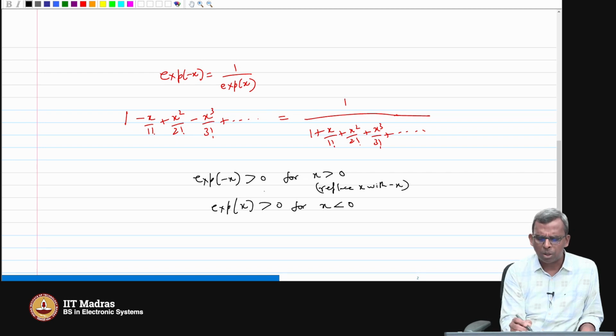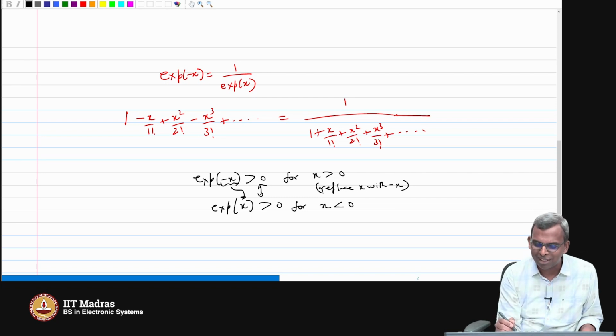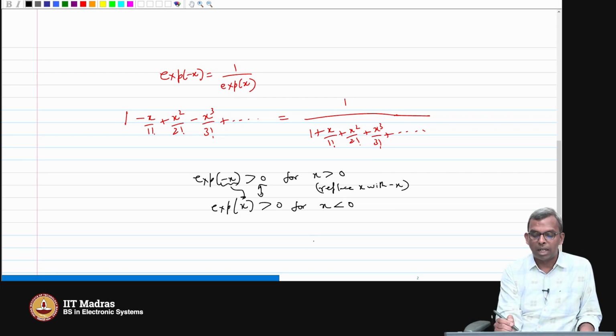That's one way of thinking about it, but clearly this is the same thing. These two are exactly equivalent. For x greater than 0, exp of minus x is greater than 0. Instead of minus x, I'm going to say x here. So, I will have minus x greater than 0, so it will be x less than 0 if you want to algebraically prove it, but clearly you can see these two are equivalent statements.